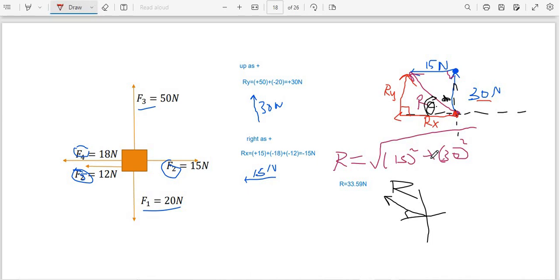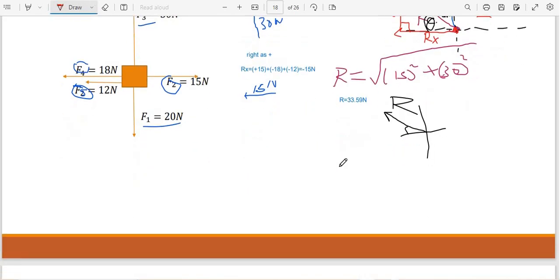Now, if we look at this diagram from here, we have this side, that side. We also have the hypotenuse. So we can essentially just put our focus on the bottom right angled triangle. So I'm going to draw a copy of that right angled triangle.